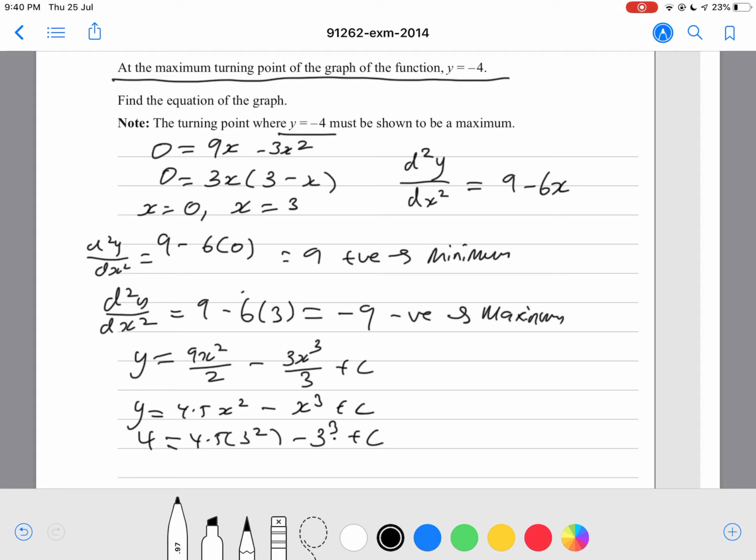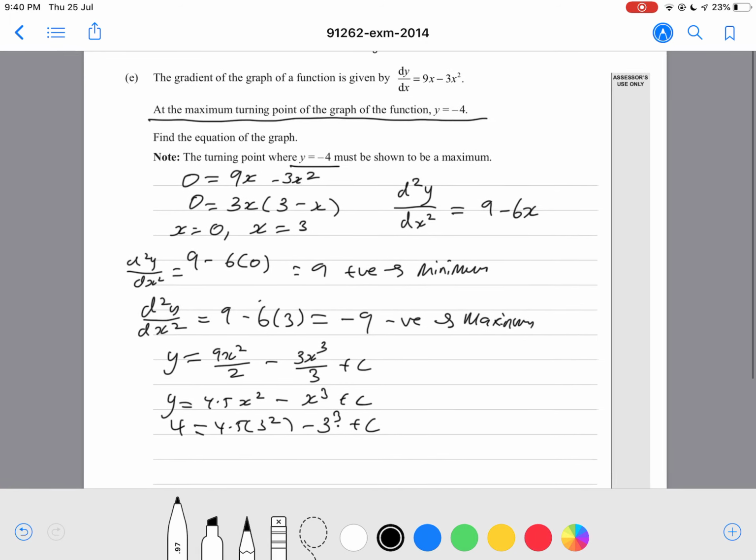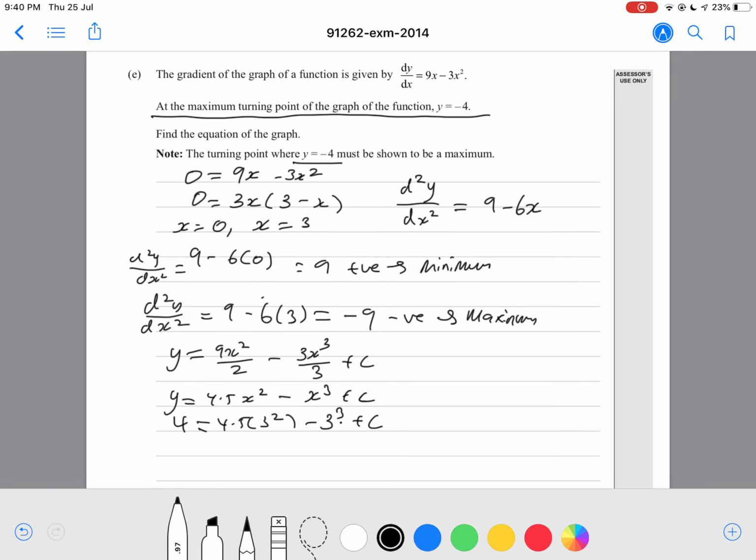Sorry, 9 times 4.5 minus cubed. Yeah, that should give us -4 equals 13.5 plus c.